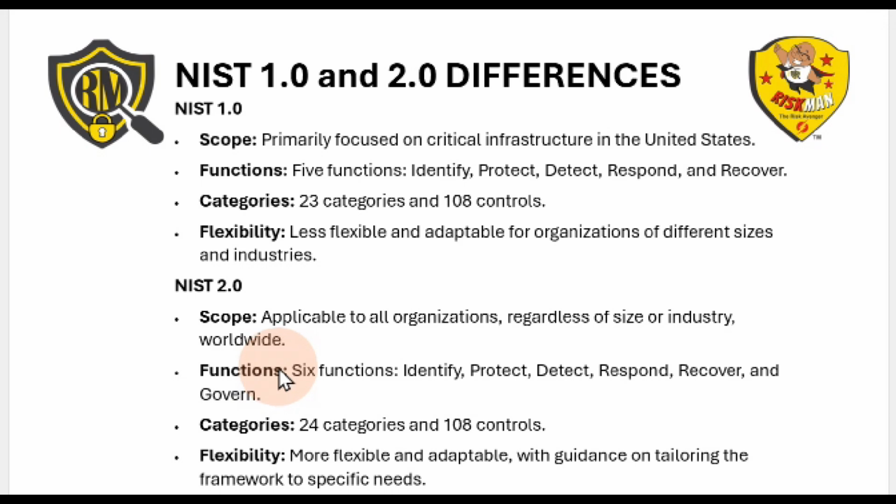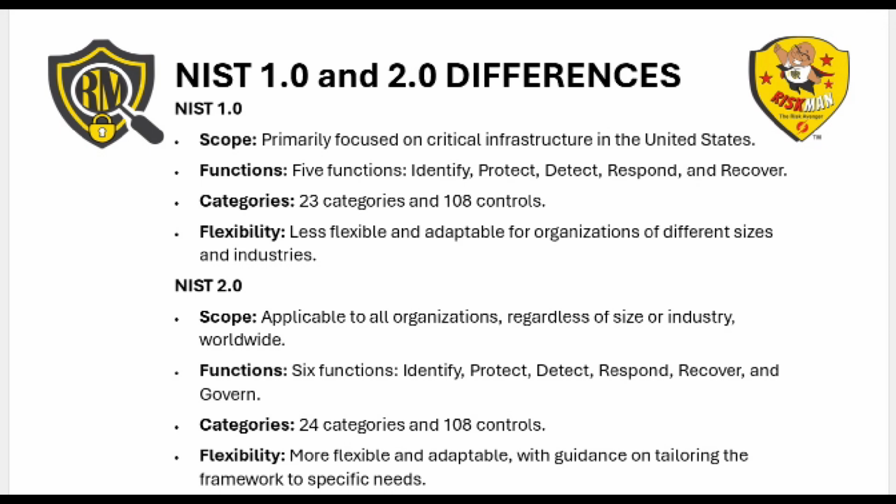And I'll show you how that actually blows out, because governance is actually in the old one, but it's under the identify function. So what they did is they gave governance a little more controls, and so now you have identify, protect, detect, respond, recover, and now govern. So governance is the glue that brings it all together.